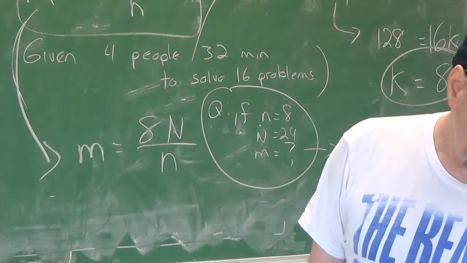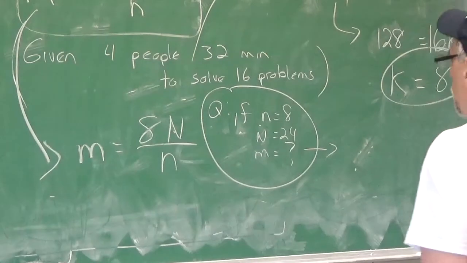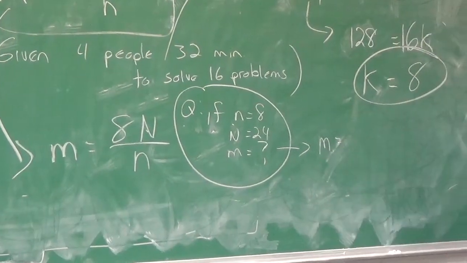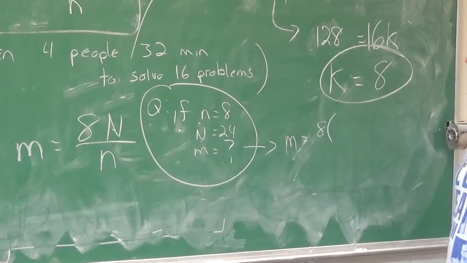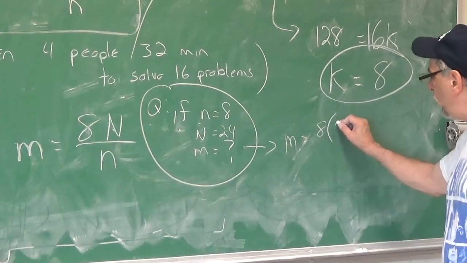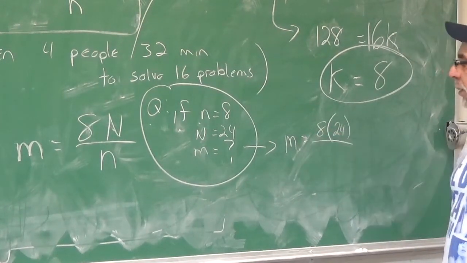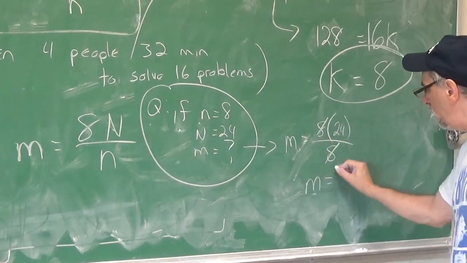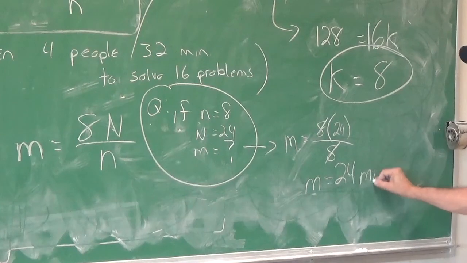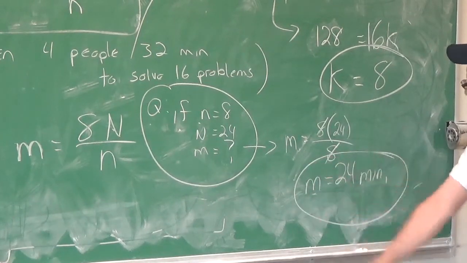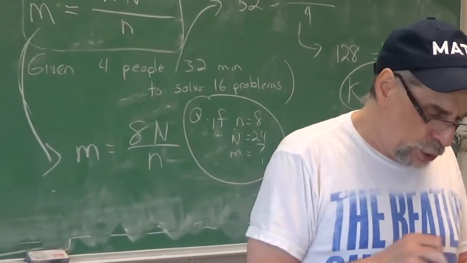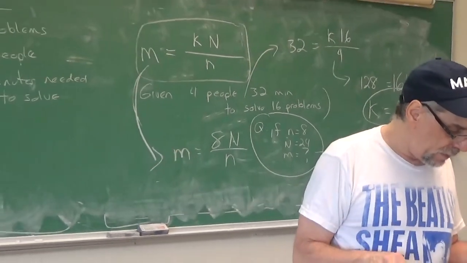So we're solving for m. We got K equal to 8. Number of problems was 24, and number of people was 8. So nicely, that gives us 24 minutes. All right, so that is an example of joint variation.